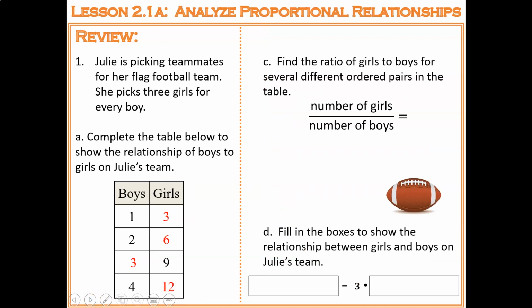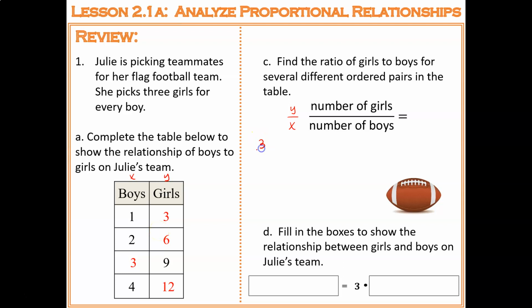Again, they filled in our chart for us. They redid that information so you can still see it. Part C says find the ratio of girls to boys. So this is my y over my x for several ordered pairs on the table. So this is x, this is y. So let's find the ratio.